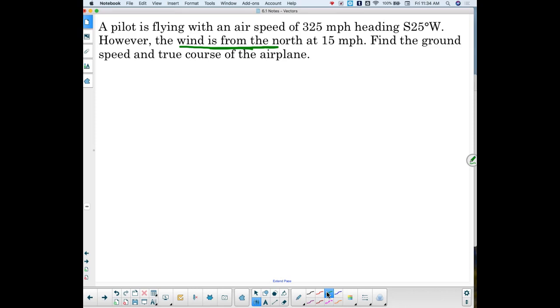So if the wind is from the north, that means the wind is blowing south. If the wind is from the east, that means it's blowing to the west. We wanted to tell you that just in case you tried some of those problems in the purple packet this weekend. Test is on Wednesday.